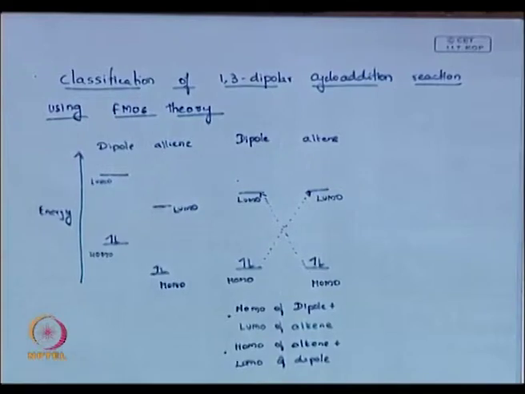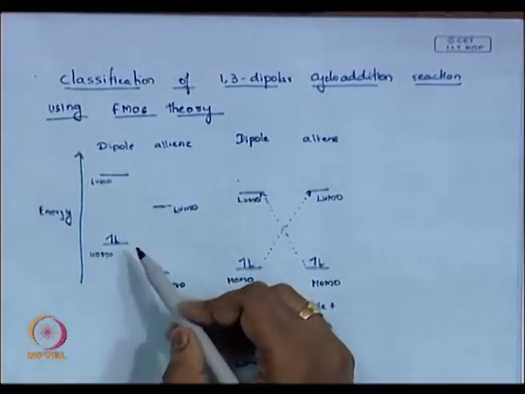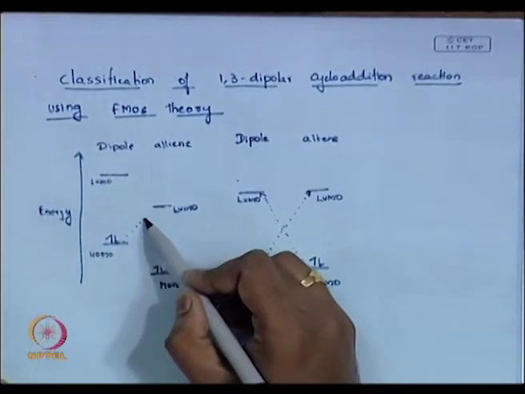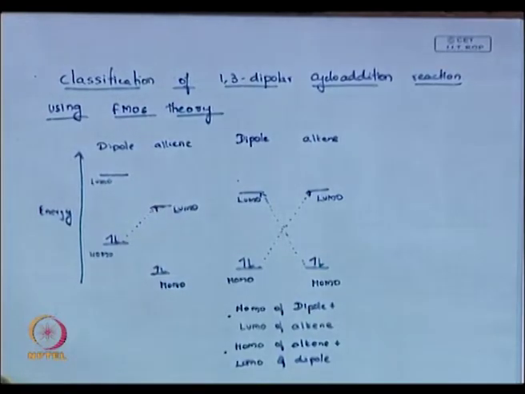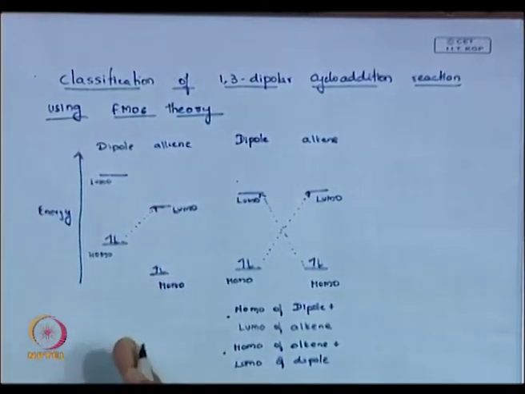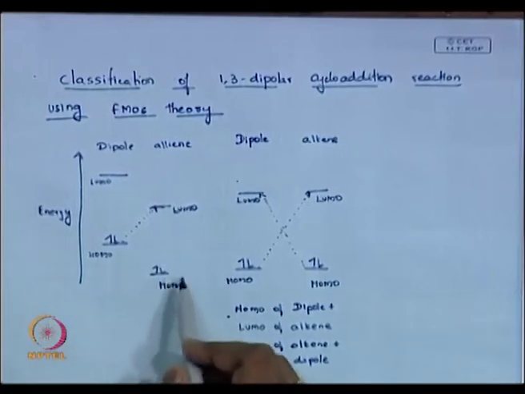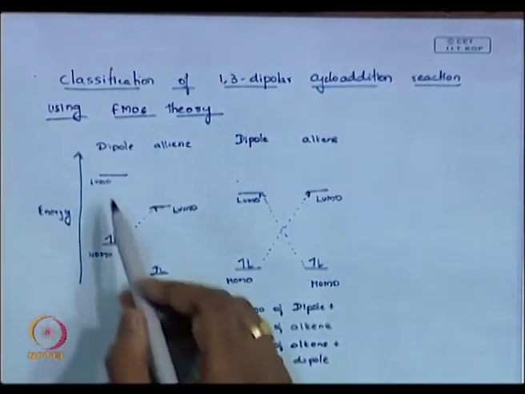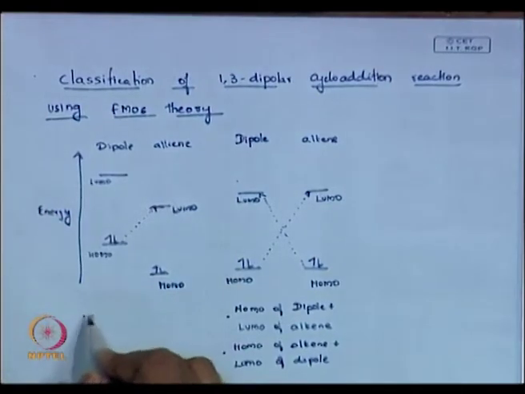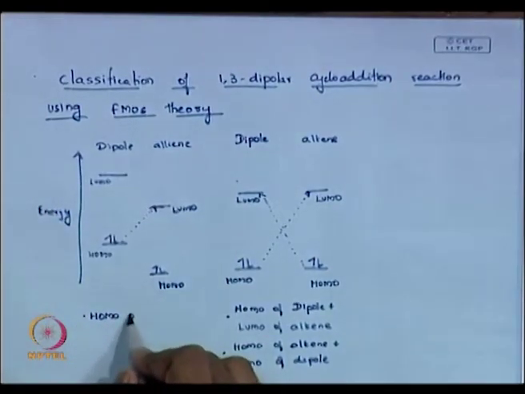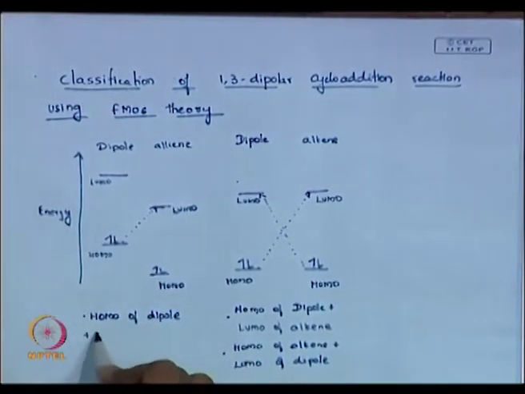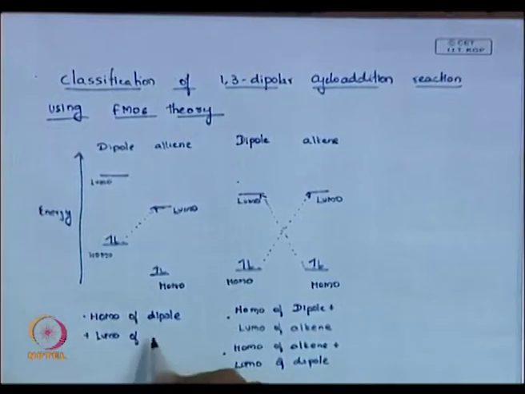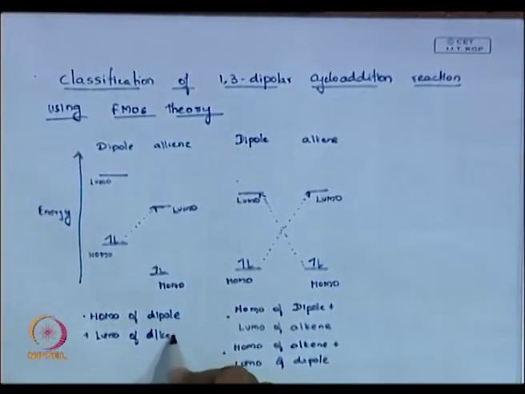In this type we will be considering the HOMO of your dipole with the LUMO of your alkene. So, you do not have the other case now. You cannot have the HOMO of your alkene with the LUMO of the dipole, that is less possible. So, it will be the HOMO of the dipole with the LUMO of the alkene or dipolarophile, right.